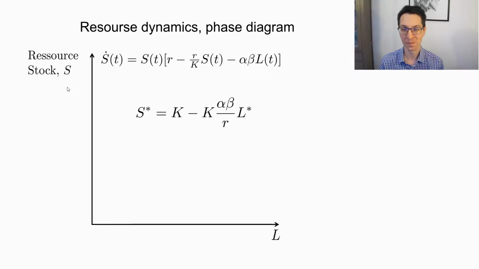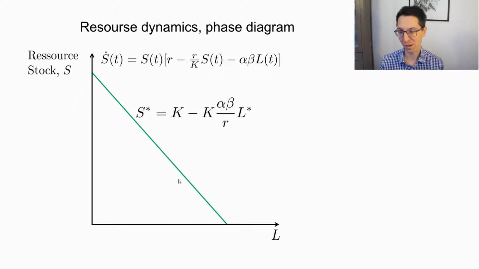All right. So what does this look like? Well, it should look like a straight line because it's an affine function of L, and it should have a negative slope. So let's just go ahead and show the function. It should look like this.